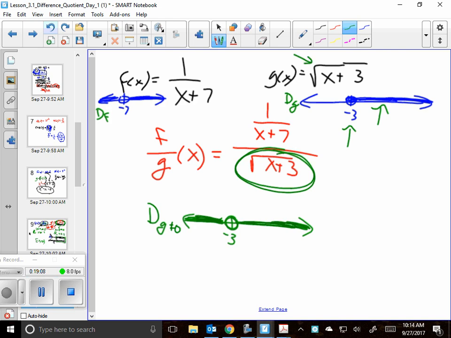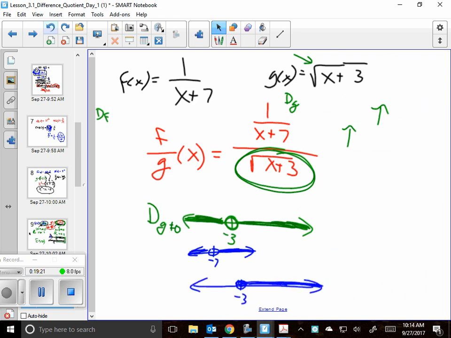Back when it wasn't a denominator, it could have been 0. So what's the one thing? -3. So now I've got 3 number lines to overlap. And if I do it right, I can overlap all 3. And now I've got those 3 number lines overlapped. And what are the numbers that work for all of them?